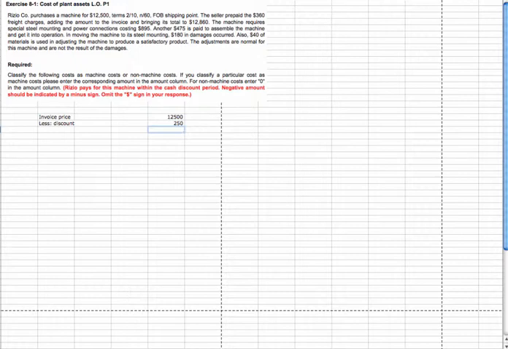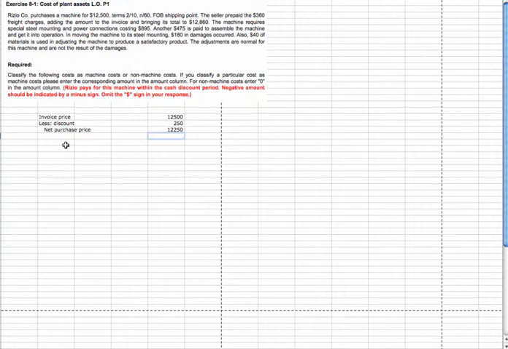So what that gives us then is our net purchase price, and our net purchase price is essentially our $12,500 minus the $250. So the net purchase price of this piece of equipment was $12,250.